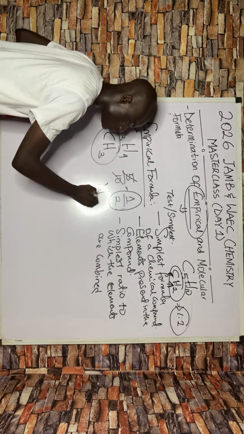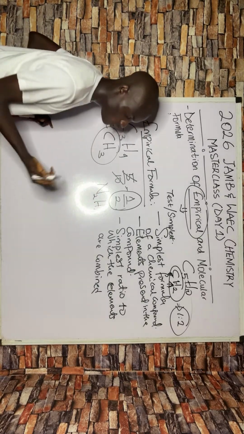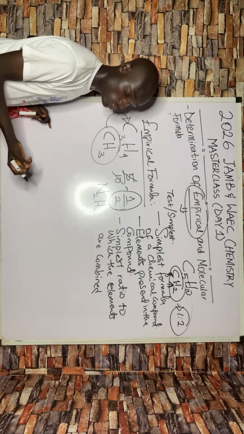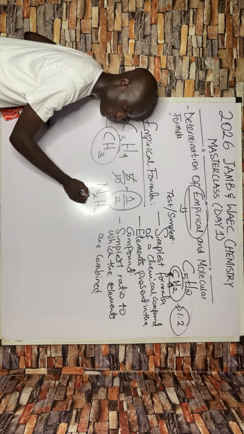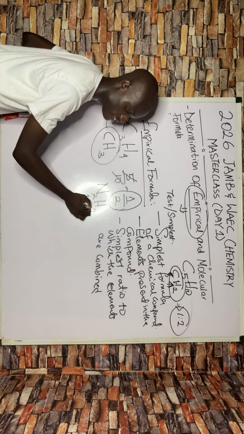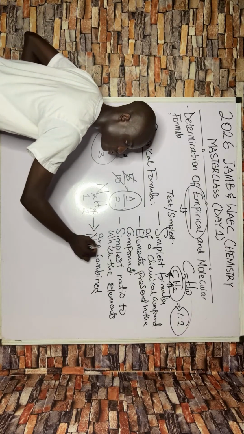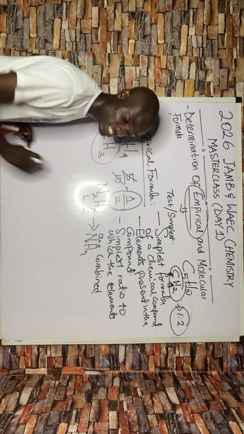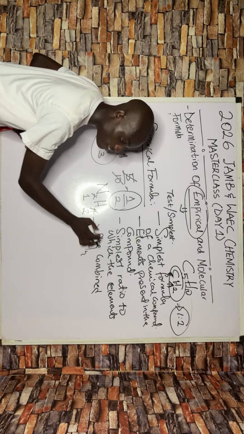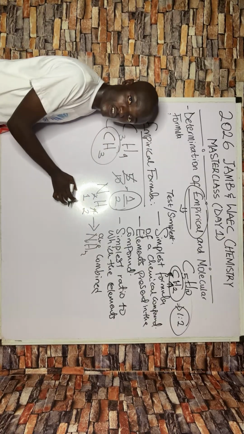Or let's say we have N2H4. Looking at this, 2 can divide both of them. If 2 divides 2, we end up having 1, and if 2 divides 4, we end up having 2. So this compound can be written as NH2 in the simplest form. So this is the empirical formula for this compound.